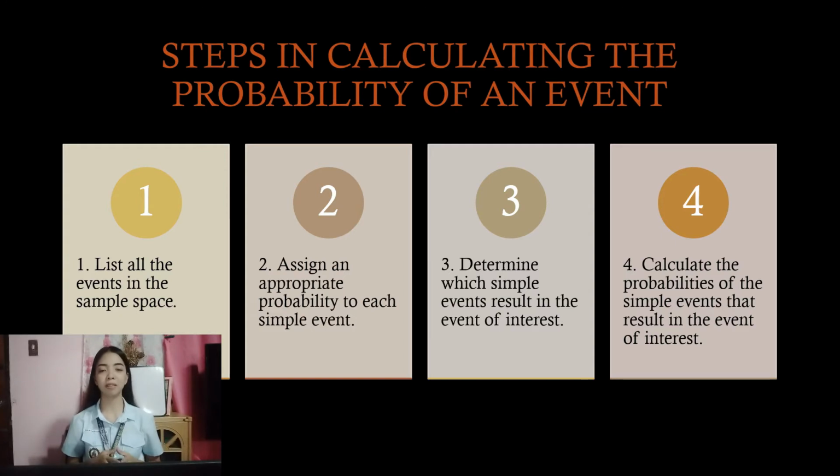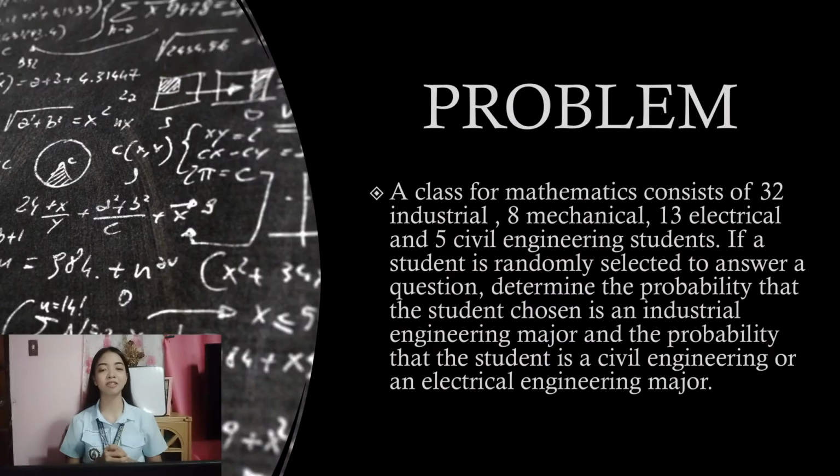For example number 1, a class for mathematics consists of 32 industrial, 8 mechanical, 13 electrical, and 5 civil engineering students.